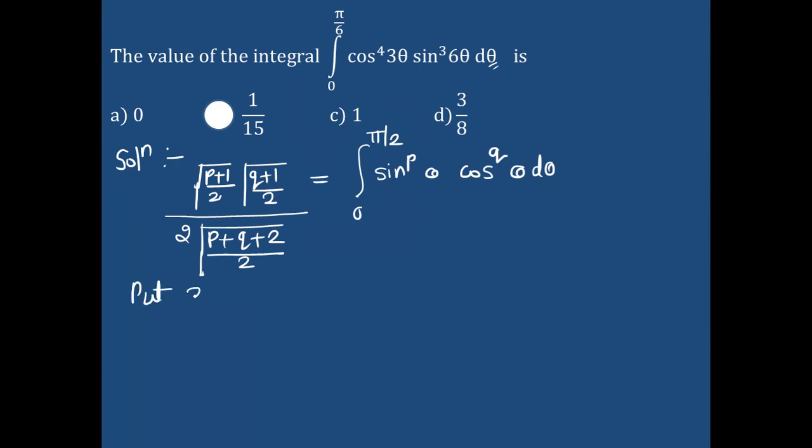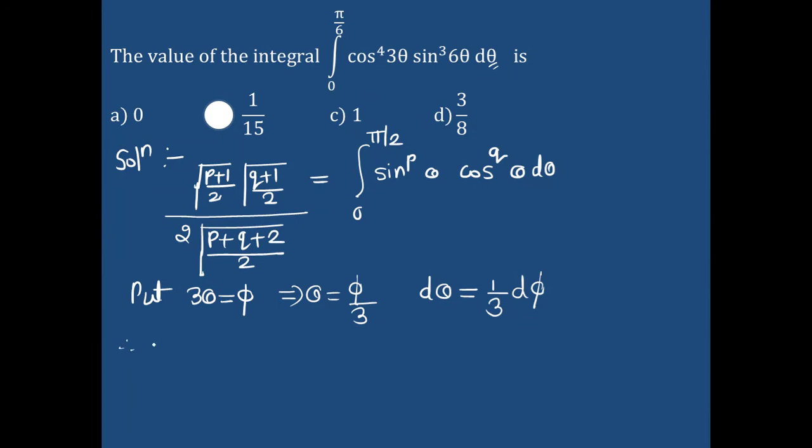So we will take 3 theta is equal to phi. So 3 theta is equal to phi, which means theta is phi by 3. Differentiating, d theta is equal to 1 by 3 times d phi.